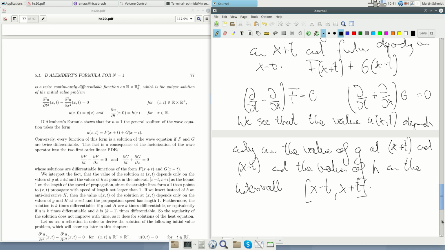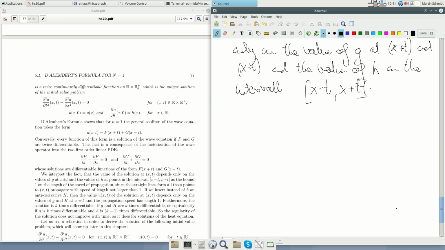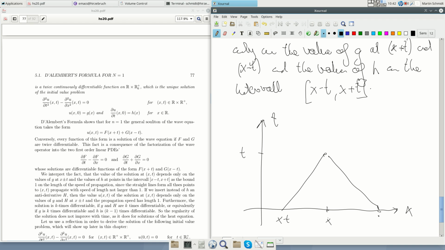And this we interpret, yeah, if we draw here x and here t. Yeah, and if we have some point x, t, here is t0. So we have here some point x and here some point t. Yeah, then we see these are the values. This is the value x minus t, and this is the value x plus t. And this is the interval in between.